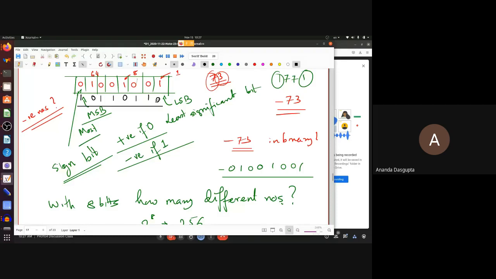So in the ones complement notation, minus 73 would be represented as 10110110. That is, take the original number plus 73 and invert each bit.